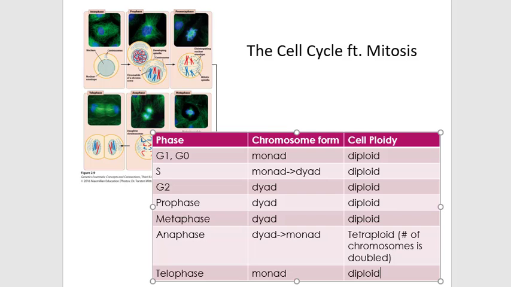If the cell was diploid, it stays diploid, and the only time that it changes would be anaphase, when the chromosomes are pulled apart and you get that doubling of chromosome number. You could start with a monoploid cell and it would be monoploid all the way through except at anaphase, when it could be considered diploid. It's just that at anaphase you have that doubling.